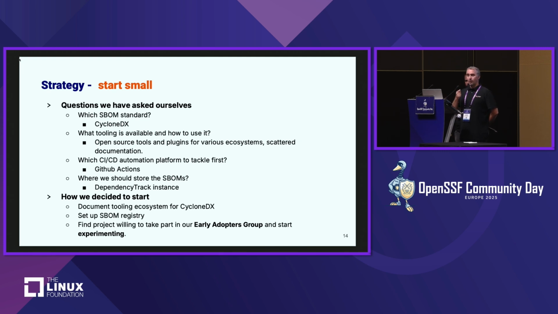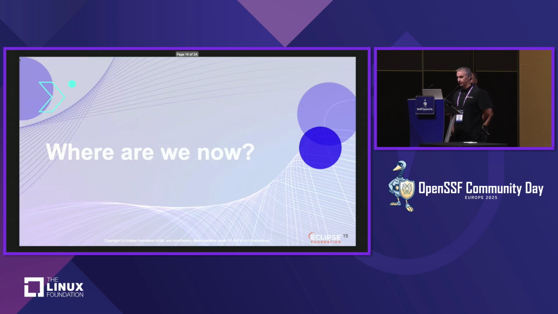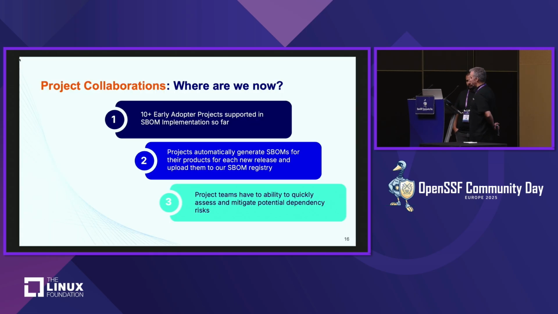So then, how do we start? By collaborating with a few early adopters, we managed to document how to generate SBOMs for some core ecosystems at the Eclipse Foundation, and to set up this SBOM registry with Dependency-Track. So where are we now? Today we have about a dozen projects of early adopters that work with us, that we've selected because they are representative of the ecosystem that they are developing in.